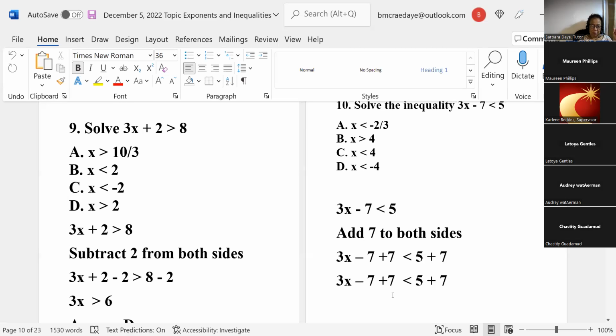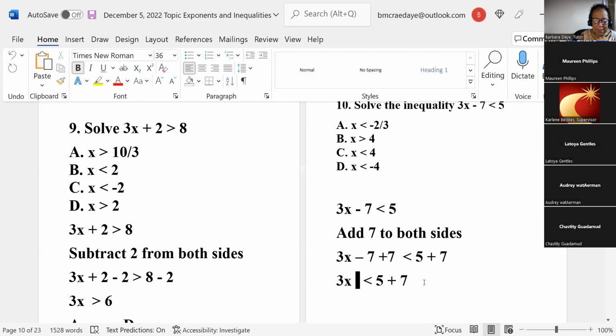So what do you owe now? Nothing, 0. Right. Minus 7 plus 7 is 0. So this just becomes 3x on the left side. Got it? Think of it like you owe somebody 7 and you pay them the debt. Now you're clear. You're 0.